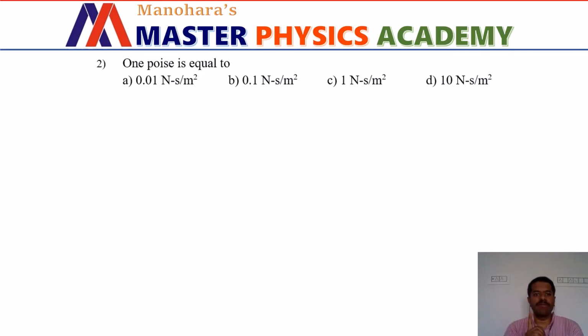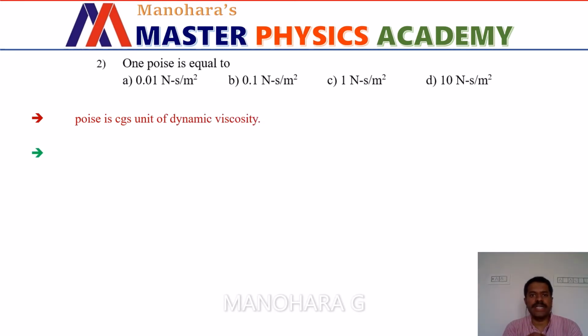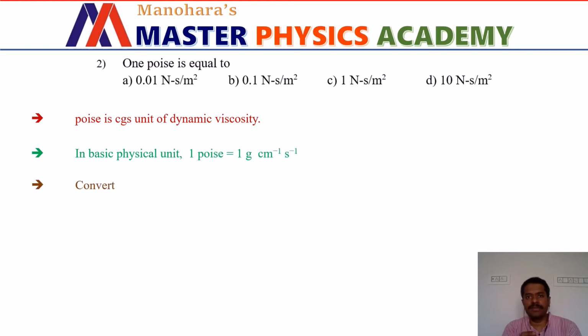1 poise is equal to... if you look at the options, you will come to know that it is given in SI system of units. 1 poise is a CGS unit of viscosity, where 1 poise is equal to 1 gram per centimeter per second.